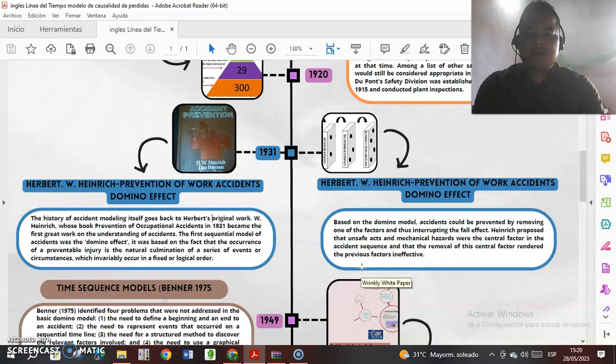The first sequential model of the accident was the domino effect. It was based on the fact that the occurrence of a preventable injury is the natural combination of a series of events or circumstances which invariably occur in a fixed or logical order.